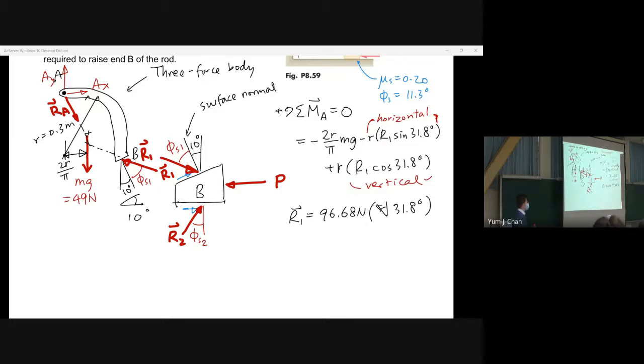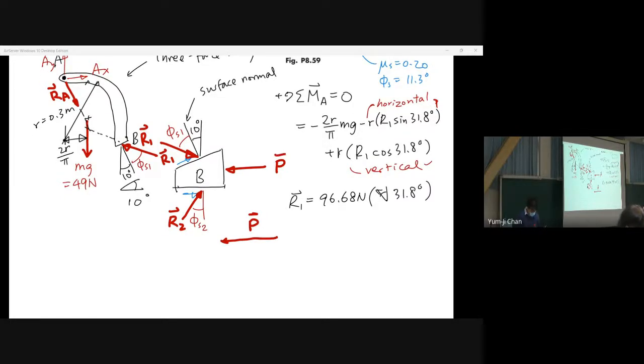Now for this one, we use the free body diagram of AB to determine R1. Now we go to this one and we can work out P. Let me draw the force polygon, and you can determine the value at home. P is here, and we have R1 here and R2 here.